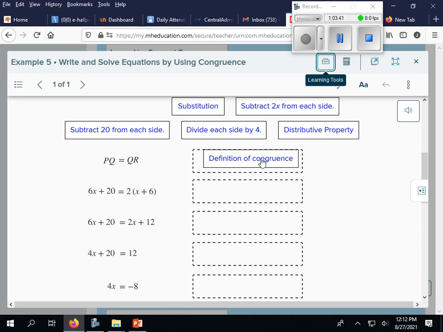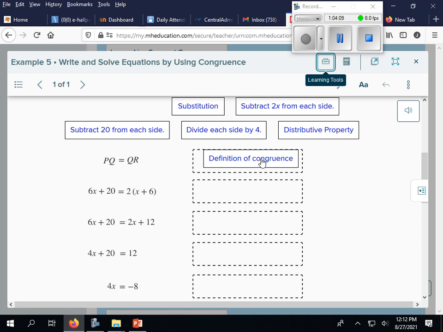How do we go from that first one, PQ equals QR, to that next thing? Substitution? What'd you know about PQ? It was what? 6x plus 20. So you took out PQ and you stuck what in its place?